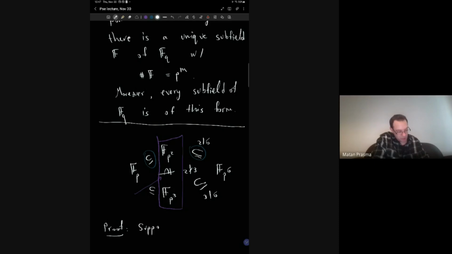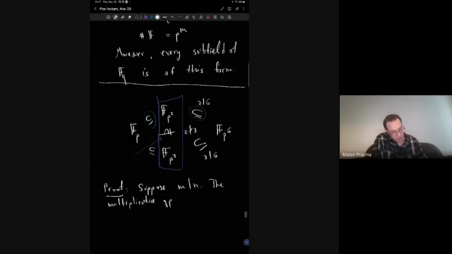Suppose M divides N. We showed that the multiplicative group FQ star, it means you take FQ, you remove the zero element, and you look at it as an abelian group with respect to multiplication.